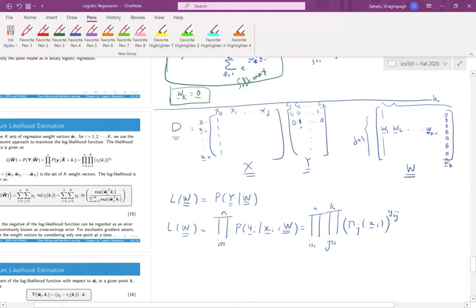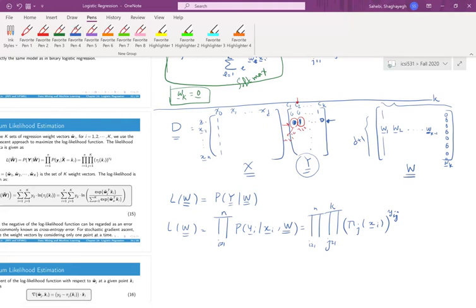Yij is basically the elements in the Y matrix. So Yij is telling us if for data point i, the value for class j is equal to 0 or equal to 1, right? For example, here this is Y22, it equals 1. Here, this is Y21, it equals 0. So it means that our data point number 2 belongs to class 2.